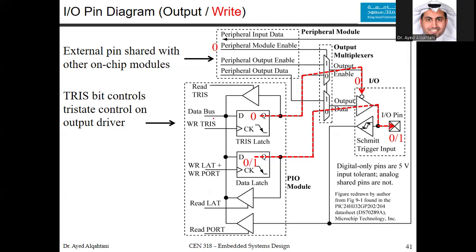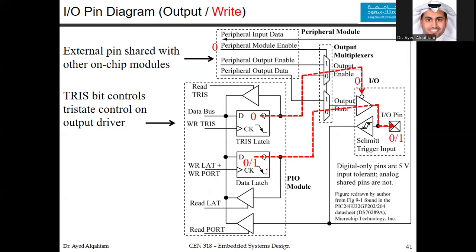Now, how to store the value here? Again, same thing. You have the data bus. Whenever the value is here and you want to store it inside, then you assert the write clock, whether it's for the latch or for the port. And now we noticed here that it doesn't matter what's the value in this latch, it will be transported all the way to the pin.